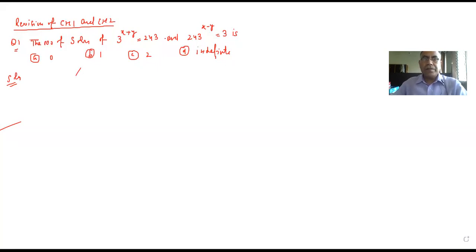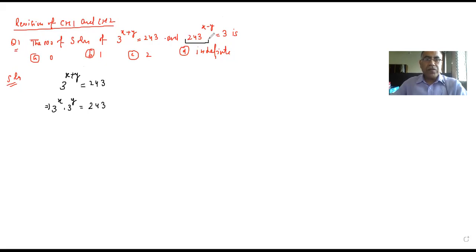Anybody else? See, 3 raised to power x plus y equal to 243. What it means, 3 raised to power x times 3 raised to power y is equal to 243.